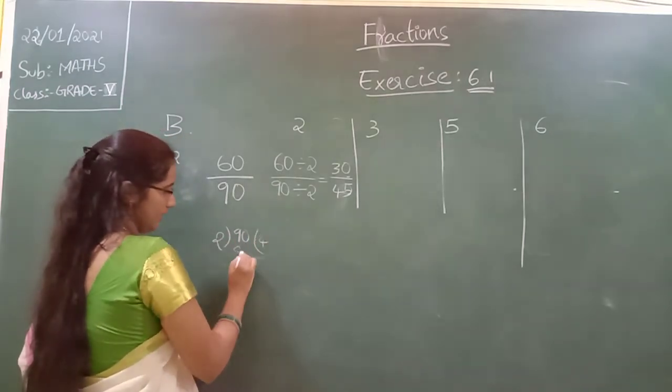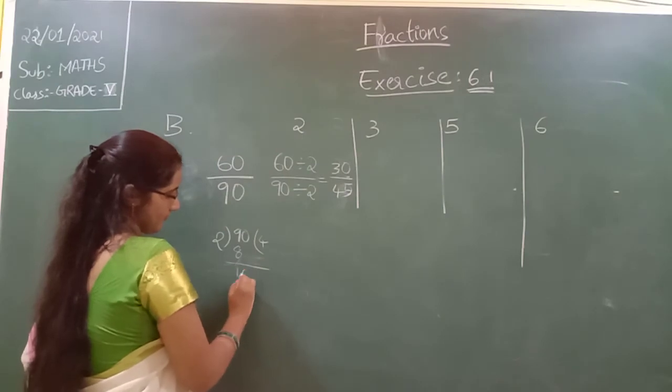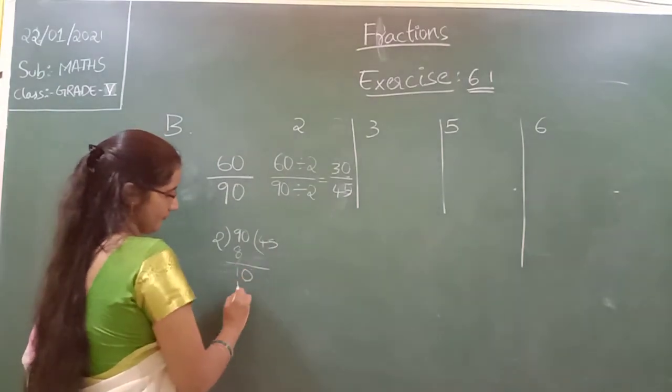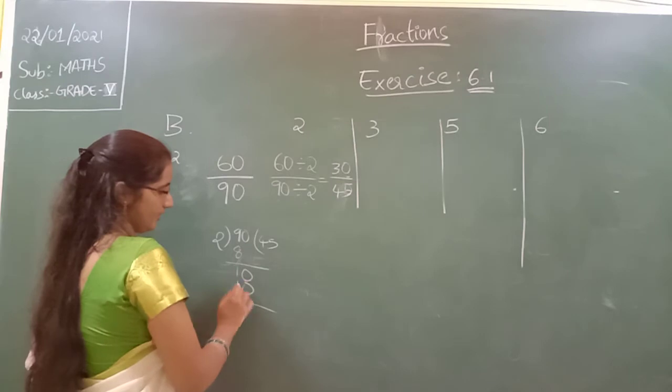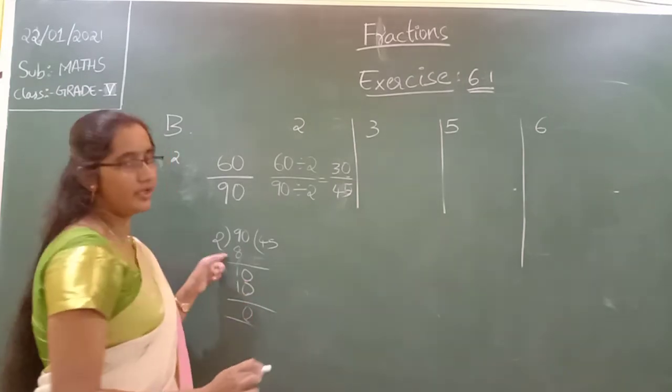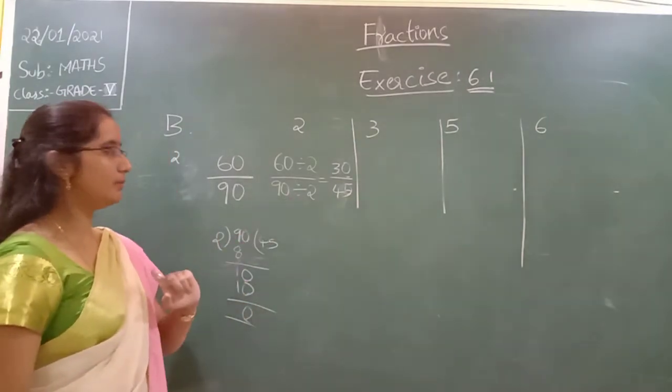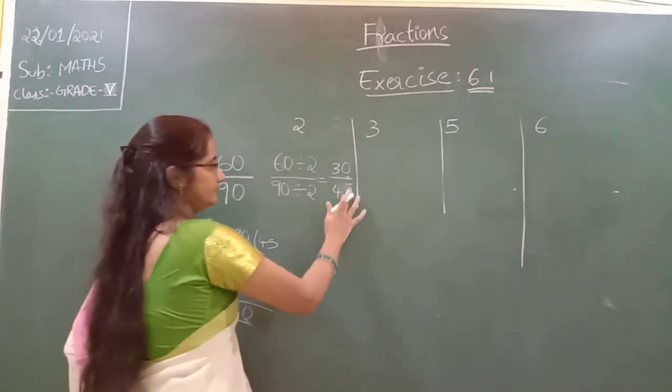In table 8, 2 fives are 10. It is 45. 90 divided by 2 is 45.